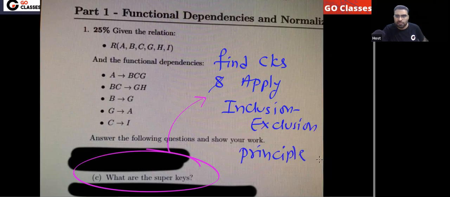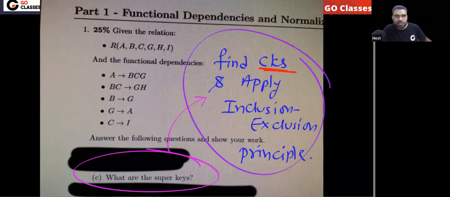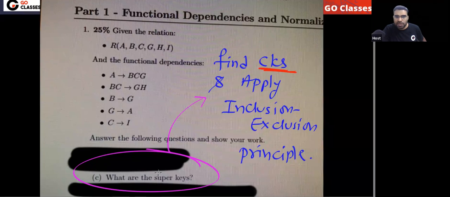So find candidate keys and apply the inclusion exclusion principle. This is the best way to solve this type of question if they ask you super keys.